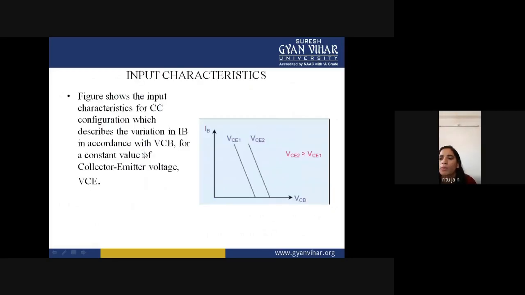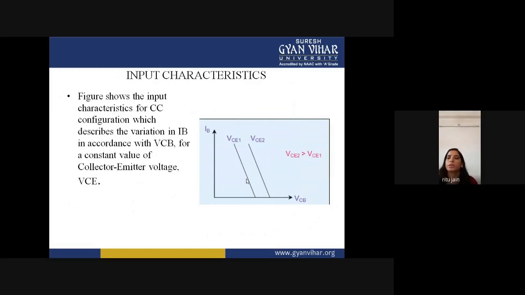Now, what is your input characteristic? You can see that this figure shows the common collector configuration, which describes the variation in IB in accordance with VCB. I mean, how your input current varies with input voltage if you are varying your input voltage. So this is your input characteristic for common collector configuration.